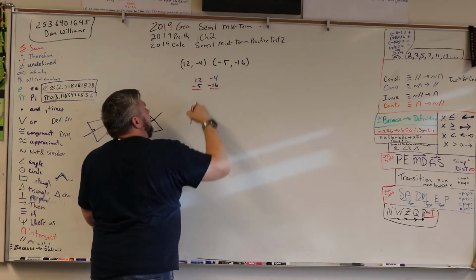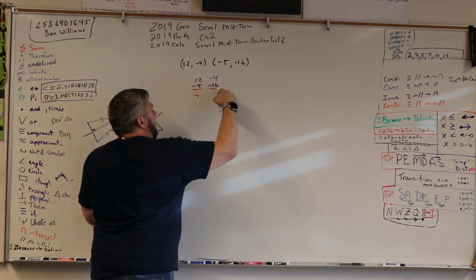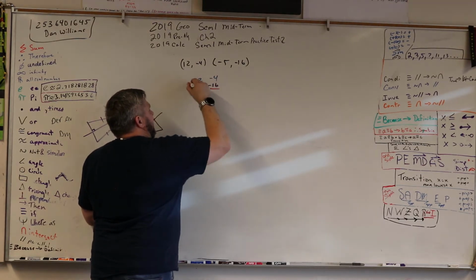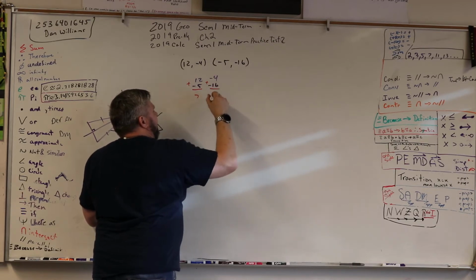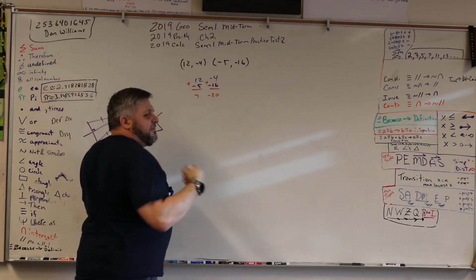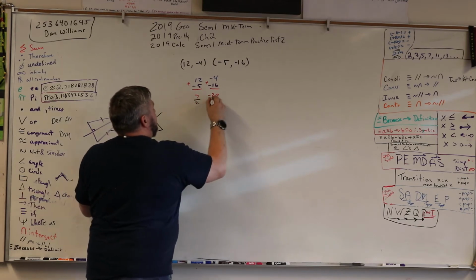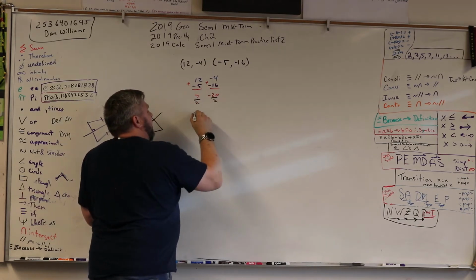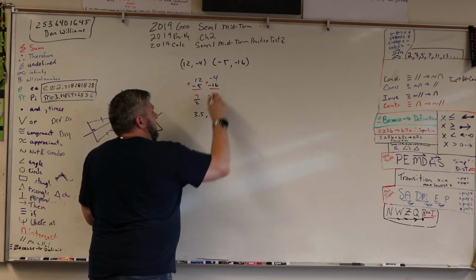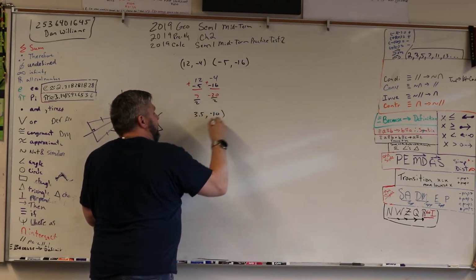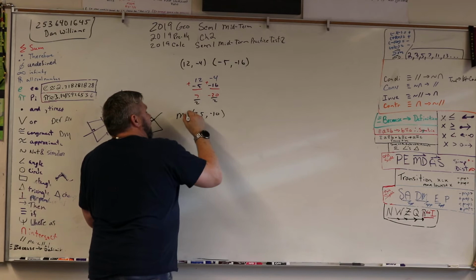So I have 7, and I have negative 20, and then divide by 2, right? Divide by 2, divide by 2, and I get 3.5 and negative 10. And that's what we call the midpoint.